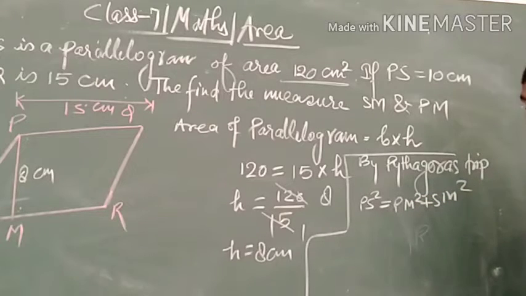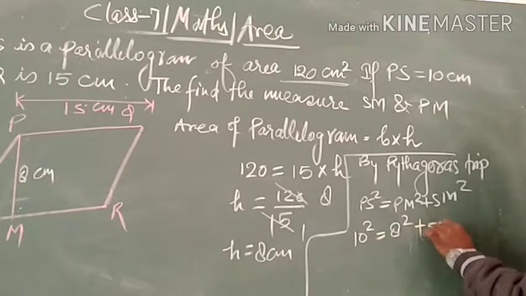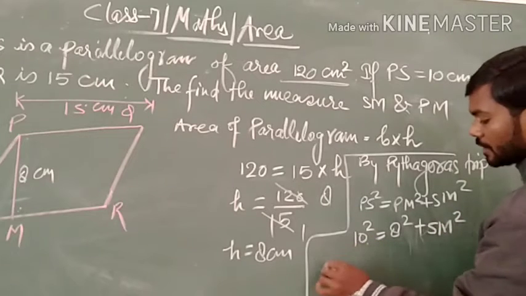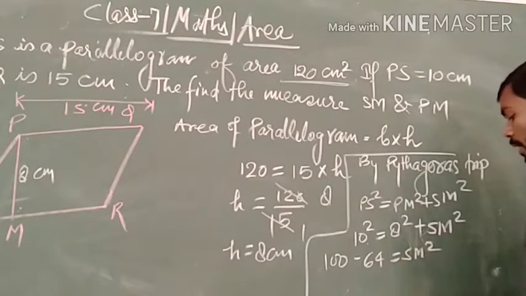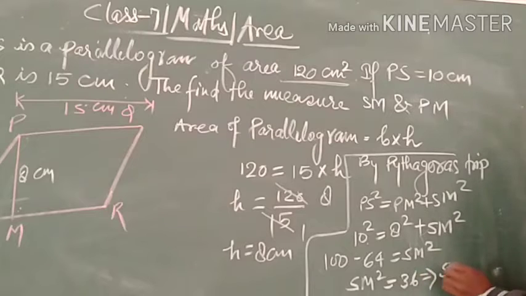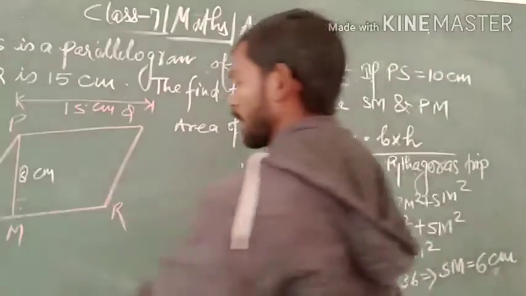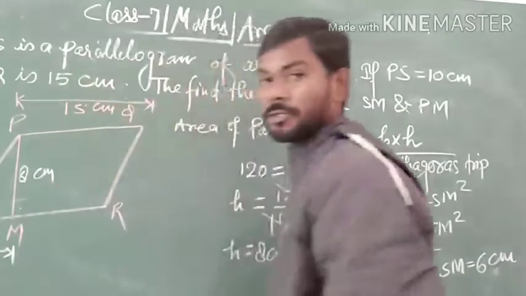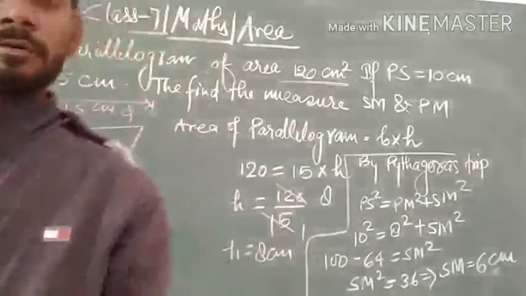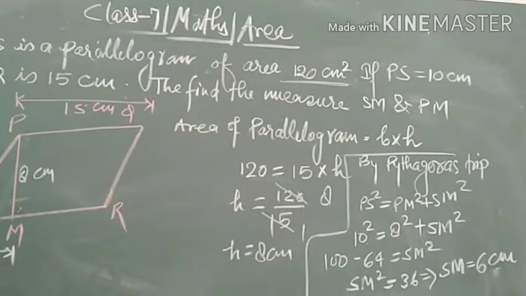The value of PS is 10, so we write 10 square is equal to 8 square plus SM square. 100 minus 64 is equal to SM square. So SM square is equal to 36, which gives SM is equal to 6 centimeter. Therefore, the value of SM is 6 centimeter. So, in this way, we found the values as asked in the question.